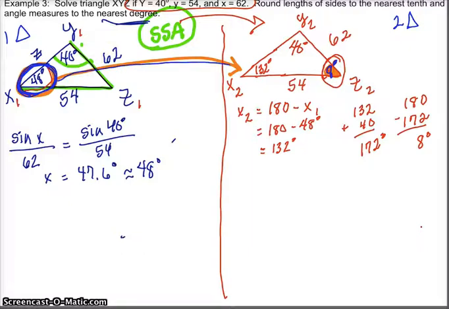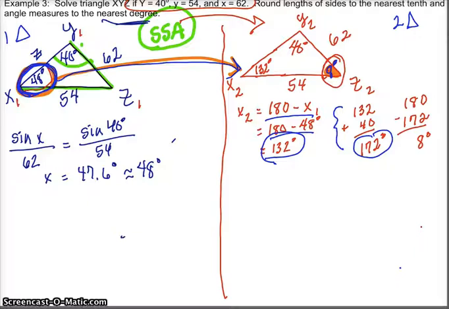To move to triangle 2, we take that first given angle and we find its supplement. In this case, that was 132 degrees. Once I confirm that there's space for a third angle, that confirms that I do have two triangles.